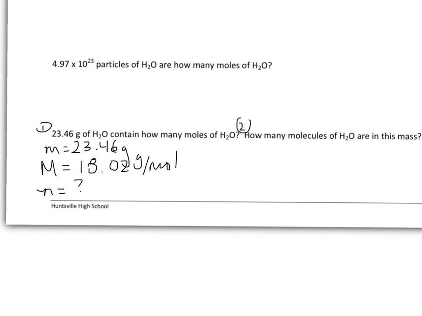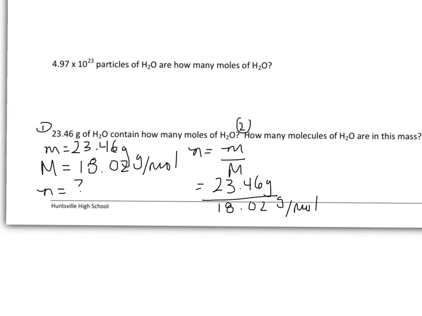I think of that triangle again in my head, and I know that lowercase n equals lowercase m over capital M, or mass over molar mass, or mass divided by molar mass, which becomes 23.46 grams divided by 18.02 grams per mole.